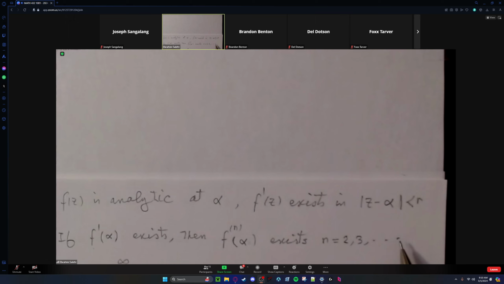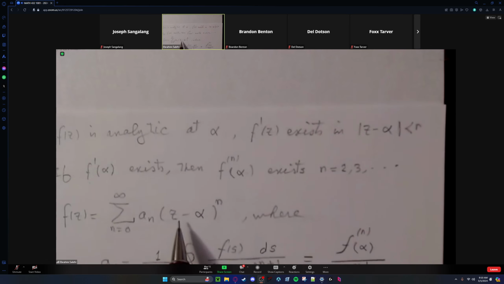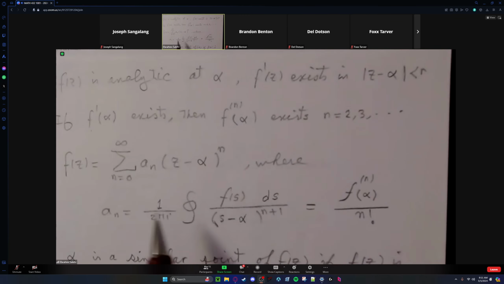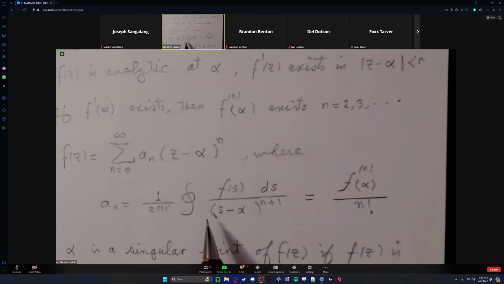We already saw that in an earlier chapter. And the function can be written as a power series in the powers of z minus alpha. This part was the Taylor series. A_n, what is A_n? A_n is right here. Okay, just again, as a reminder.